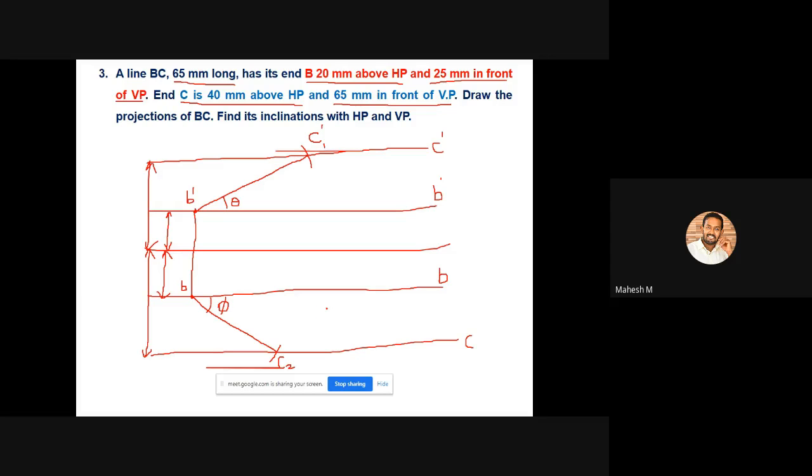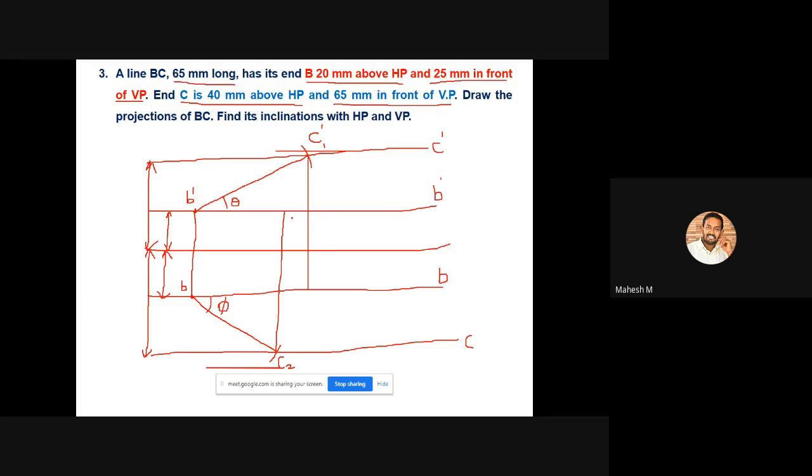Now you can use the same procedure that we followed in our first problem. We projected C1 dash up to the locus of B, and again projected C2 up to the locus of B dash. Now use your compass, placing it exactly on the point B dash.